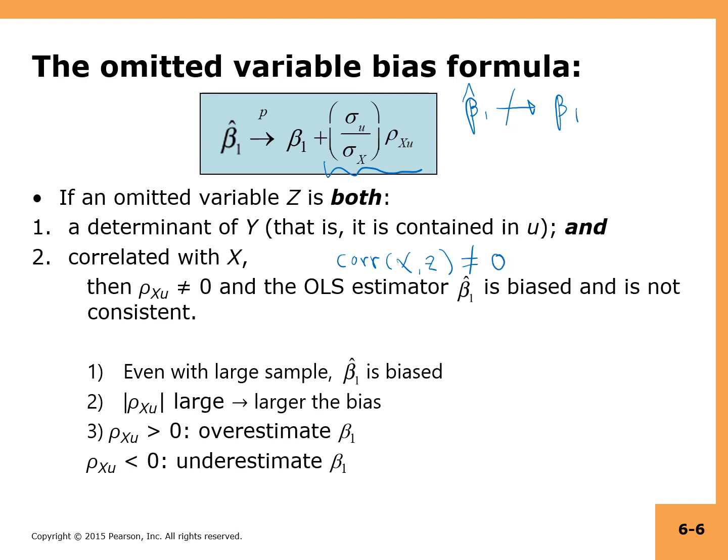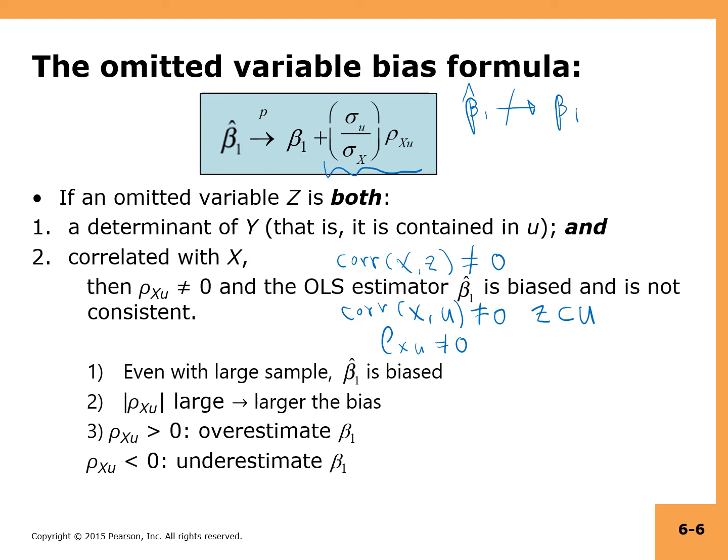But if the correlation between x and z is not equal to 0, that means that the correlation between x and u is not equal to 0, because z is part of u. The omitted variable is included in the error term. So basically, the correlation between x and u is not equal to 0. And we also denote this correlation between x and u as rho of x and u. So what does this mean?